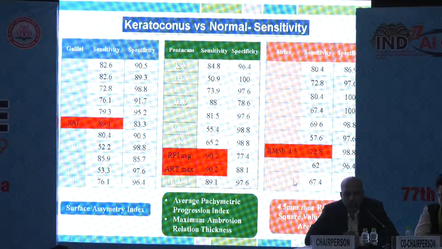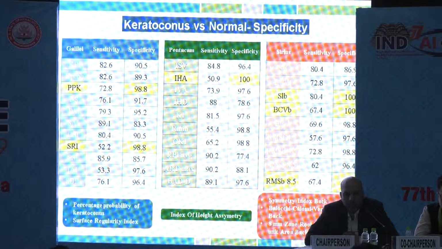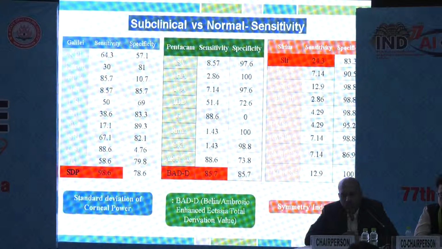There is enough literature on Pentacam and Galilei for the best sensitivity and specificity, but for Cirrus there is no literature present. Also, the specificity for Galilei was best for percentage probability of keratoconus and surface regularity index. On Pentacam, it was the index of height asymmetry, and on Cirrus, it was the symmetry index back, the Belin-Ambrosio-Versaci index, and the 8 millimeter zone of RMSB.